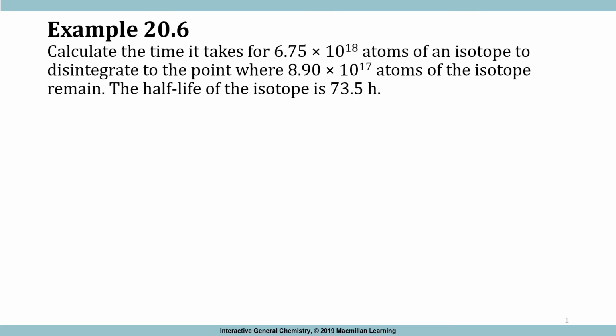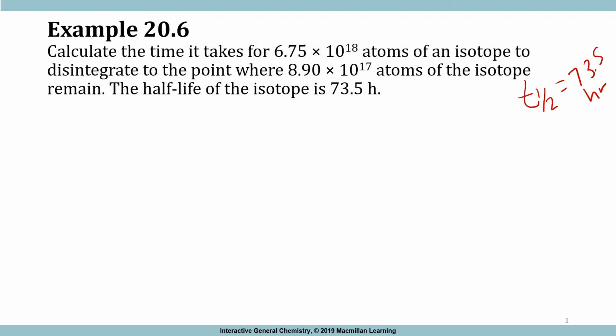Example 20.6 says, calculate the time it takes for that many atoms of an isotope to disintegrate to the point where 8.9 times 10 to the 17 atoms are left over, and they give you the half-life of the isotope. So they give us the half-life, 73.5 hours.